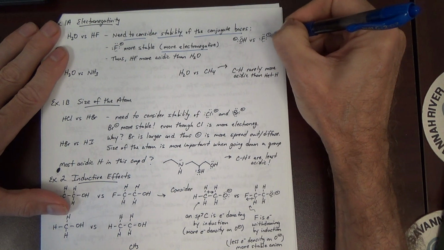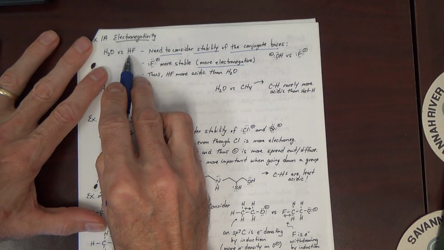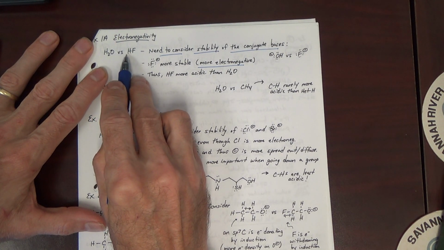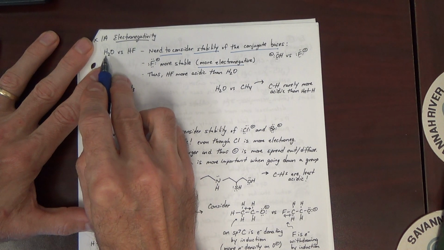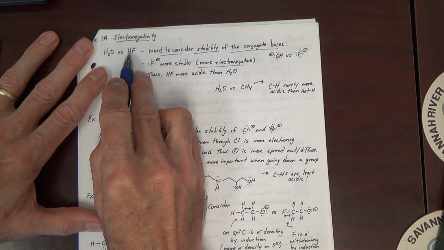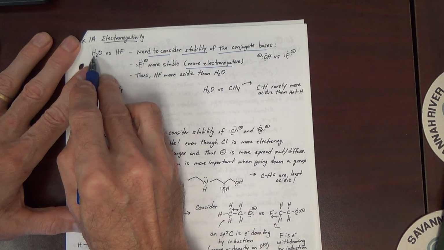So since F minus is more stable, that means HF is more willing to give up the proton, or let me say this, to act as an acid and let a base take the proton and become F minus compared to water.